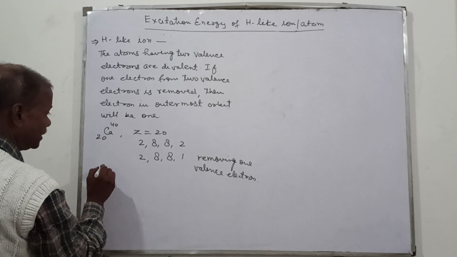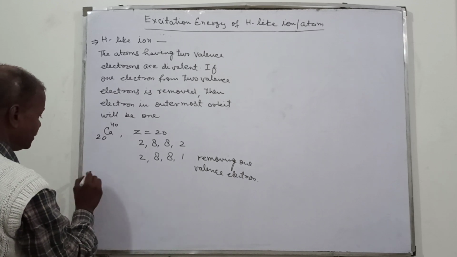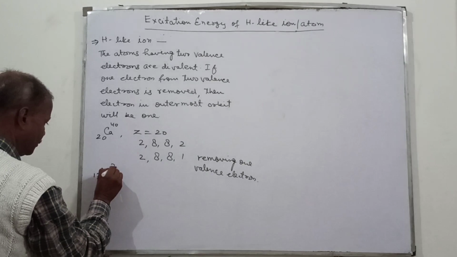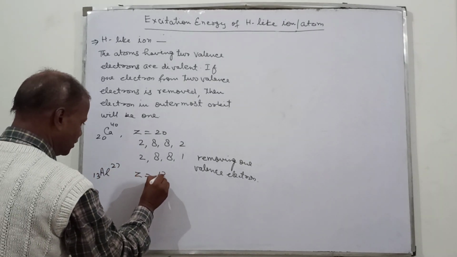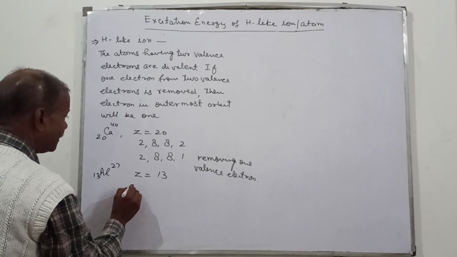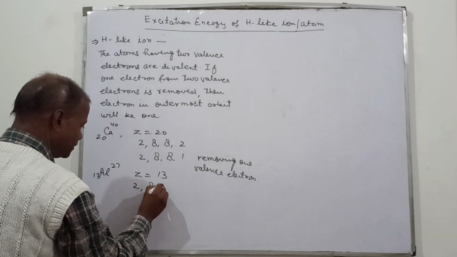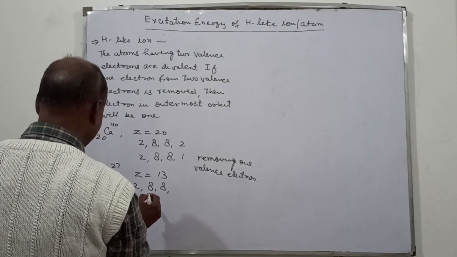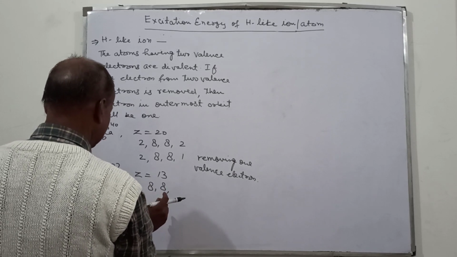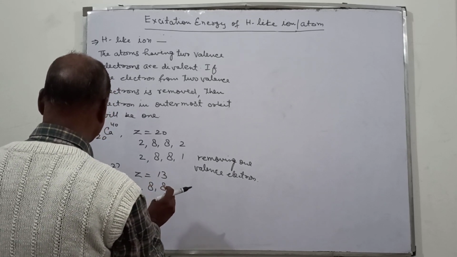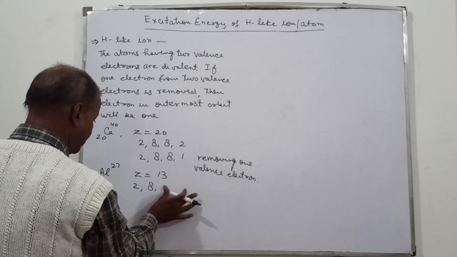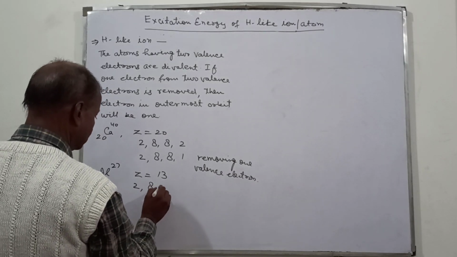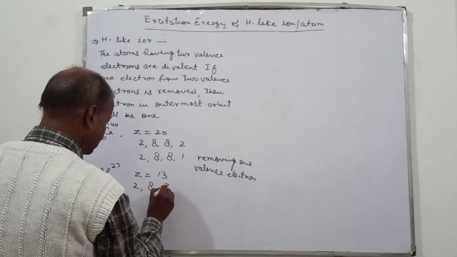Similarly, if we have aluminum, 13, 27, here Z equals 13, then the distribution is not 2, 8, 8 but 2, 8 and 3.